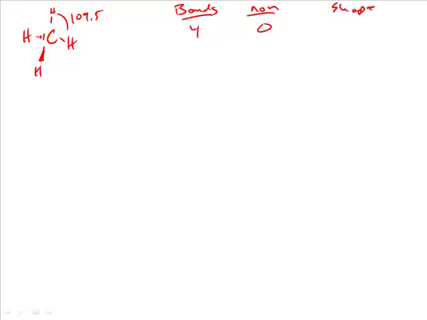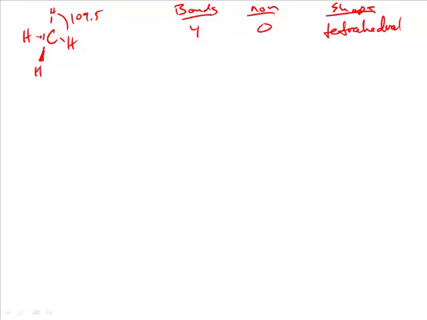Okay, let's look at some other ones then. If we have a tetrahedral, the tetrahedral that we saw was the methane molecule, CH4, looks like that. The bond angles again were 109.5. There were 4 bonds, 0 non-bonds, and the shape was tetrahedral.